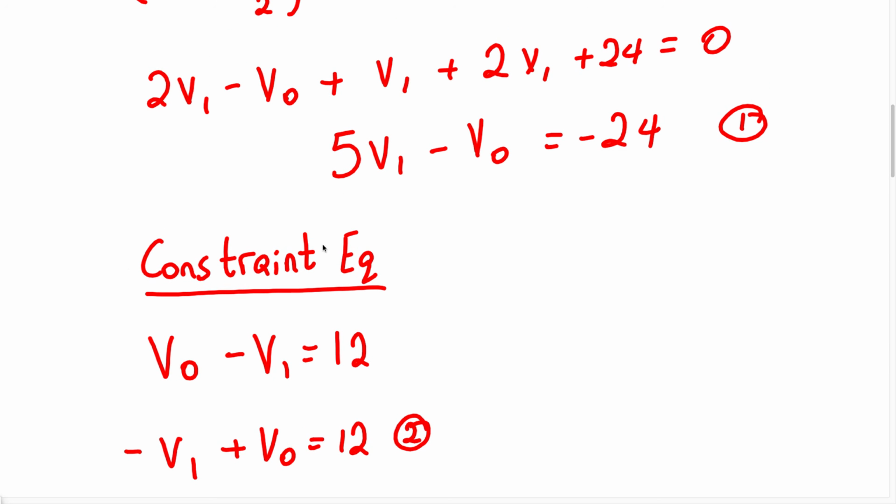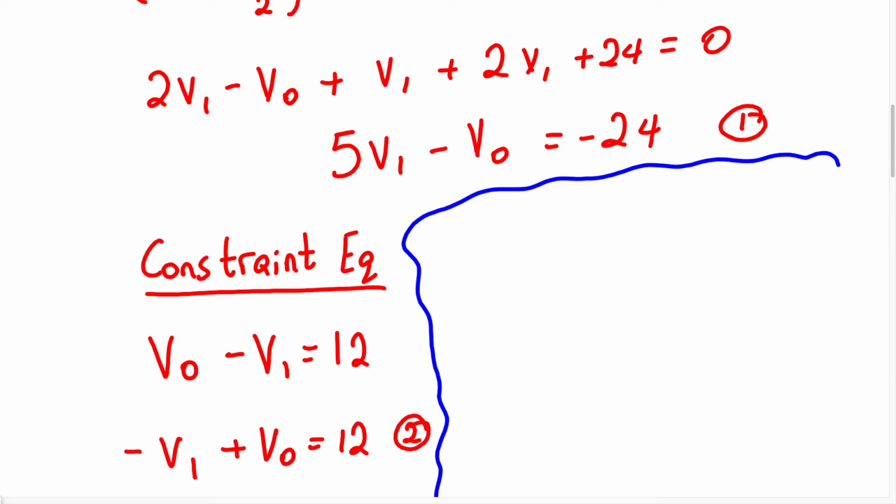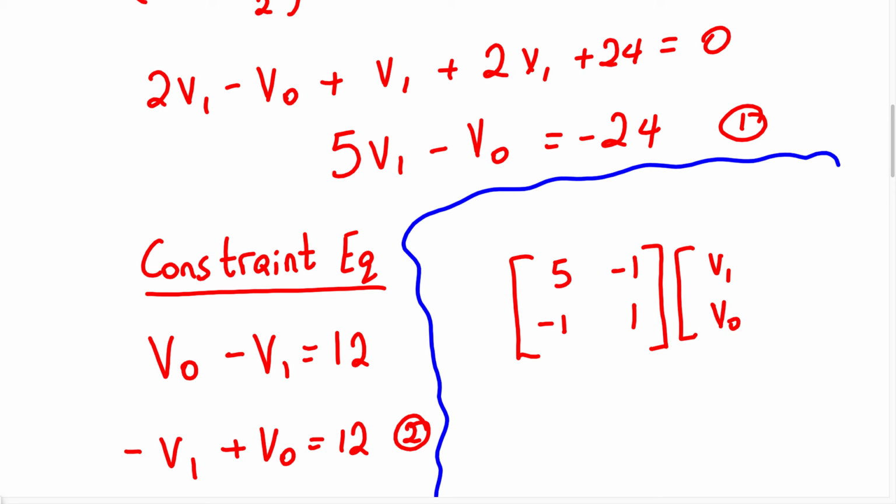Now when we look at this, we have 2 equations and 2 unknowns. So we're just going to use the matrix method. So we're going to have 5V1 minus VO. And then for the second equation, we're going to have negative 1 plus 1 VO. The unknowns are going to be V1 and VO.